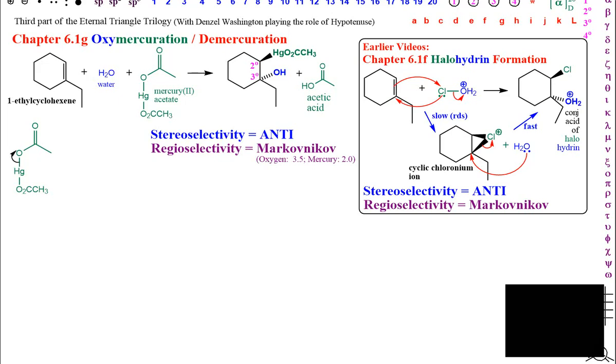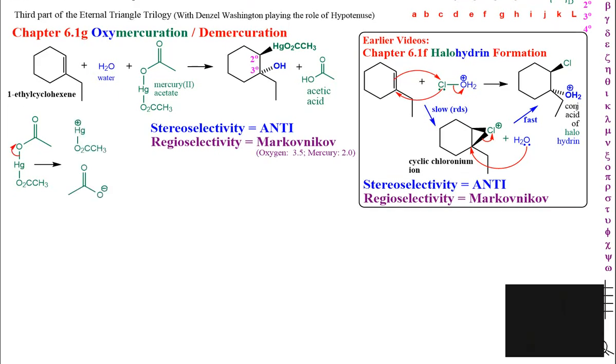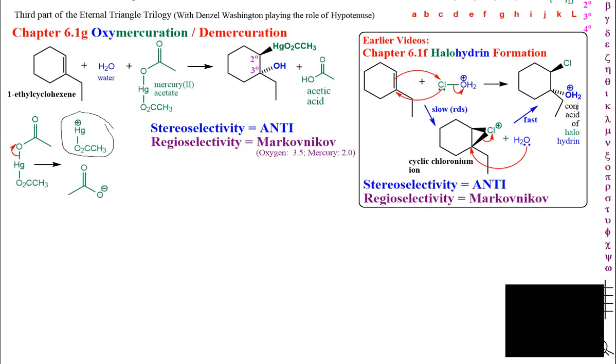Oxygen pulls the electrons strongly towards itself, and this thing ionizes to these two species here. Here we get a mercury cation. It's still mercury 2+. One of the pluses is balanced by the acetate, and the other is a naked cation on the mercury. And the other species is the acetate ion here.